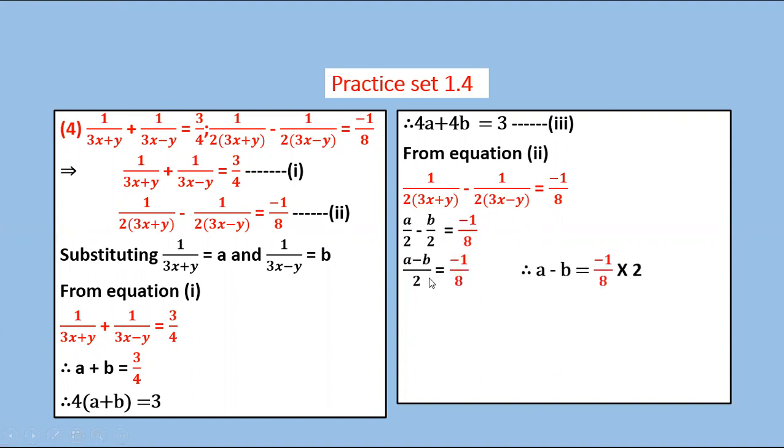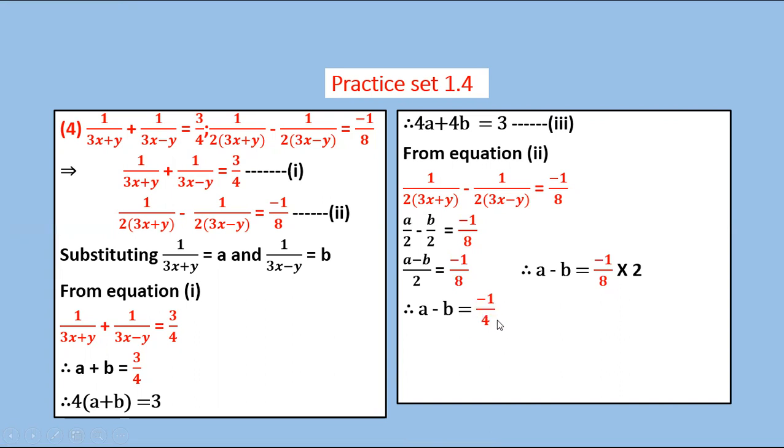On the LHS side, the denominator is the same, so a minus b upon 2 is equal to minus 1 upon 8. This 2 at the denominator goes on the RHS side, then we multiply. Therefore, a minus b is equal to minus 1 upon 8 multiply 2. 2 fours are 8. Therefore, a minus b is equal to minus 1 upon 4.